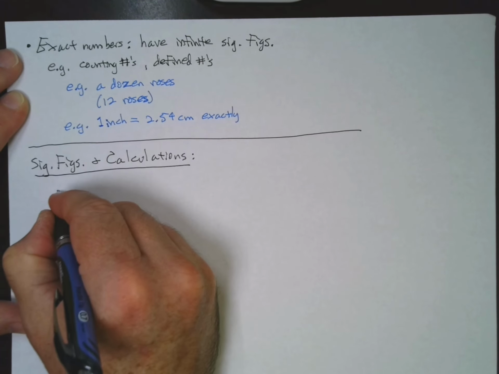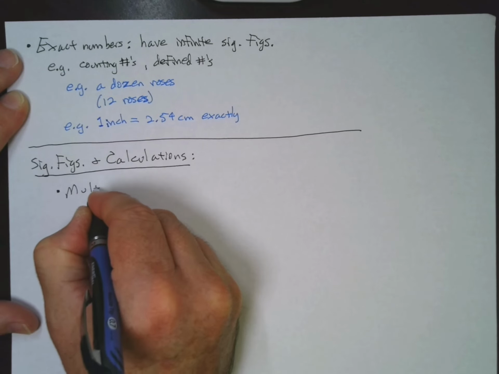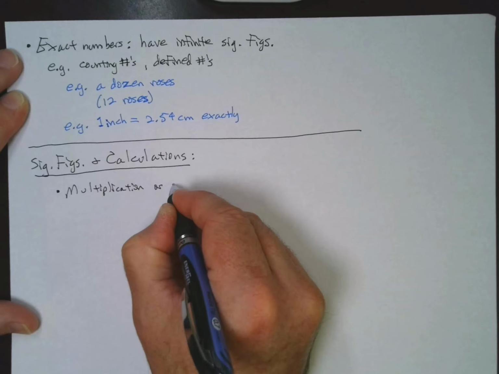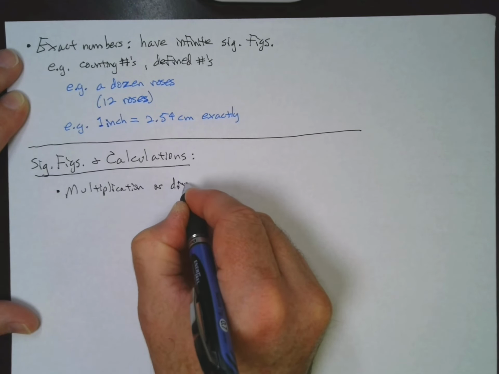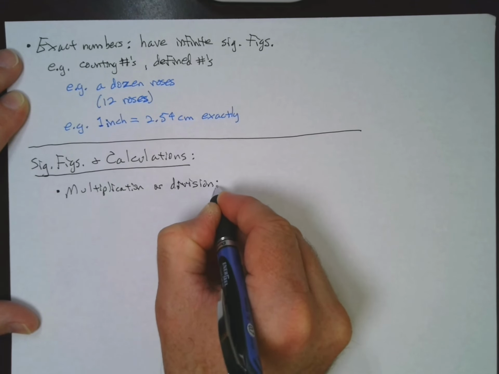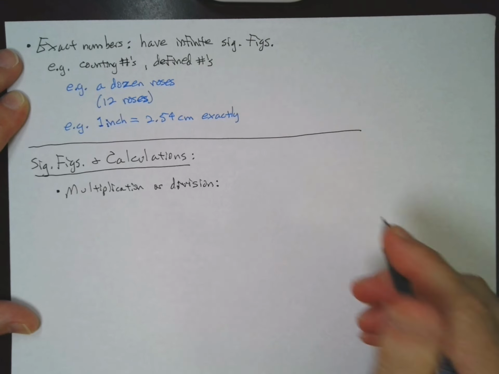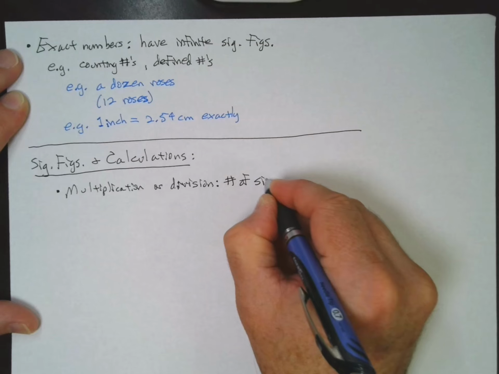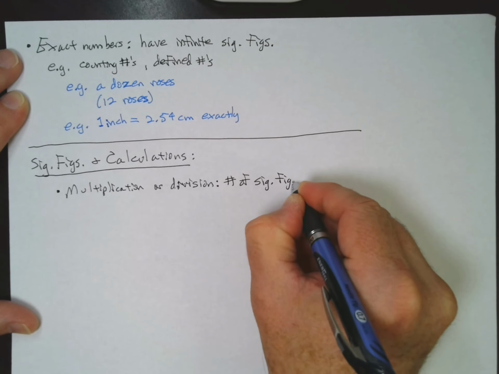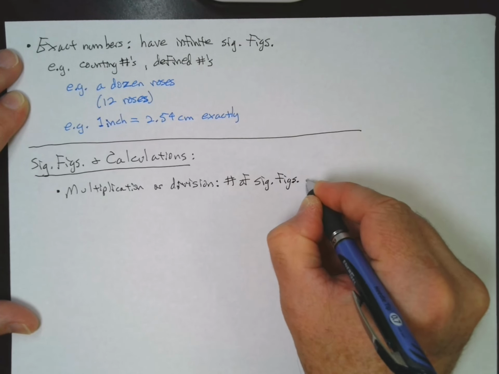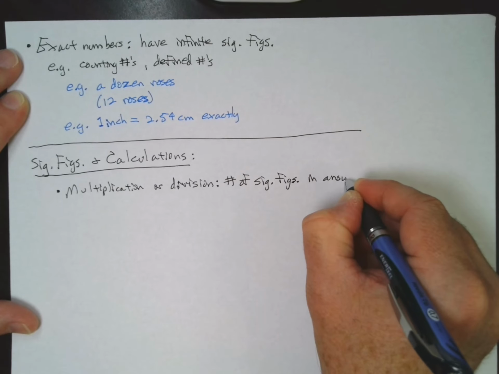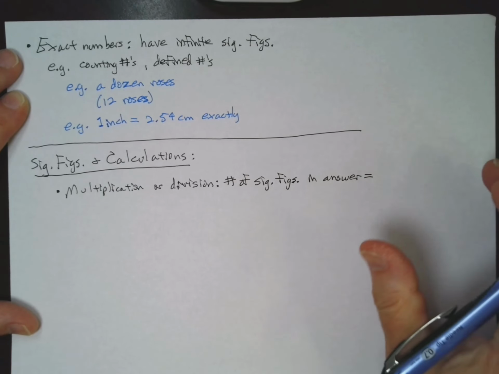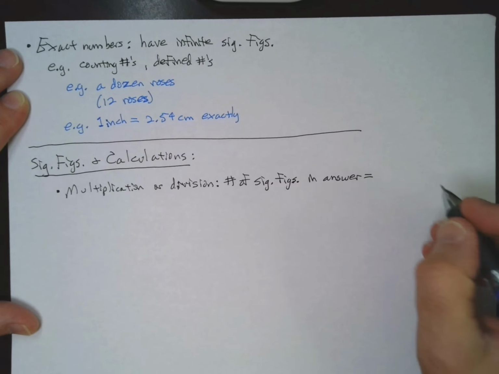So if we do multiplication or division, our answer is going to have a number of sig figs that is equal to the number of sig figs in the least precise number.